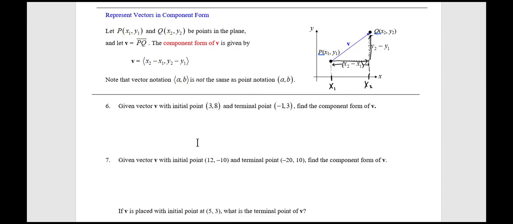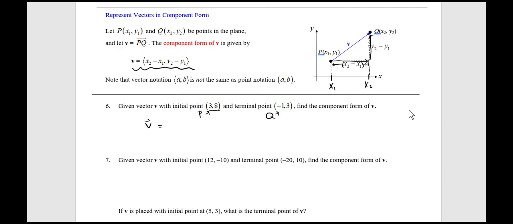So let's look at problem 6 here. Given vector V with initial point 3,8 and terminal point -1,3, find the component form of V. Well, this is going to be easy. This is the exact setup that we had up here. Let's say our vector V is from this point P, which I'll say is the 3,8 point, and Q, which I'll say is the -1,3 point.